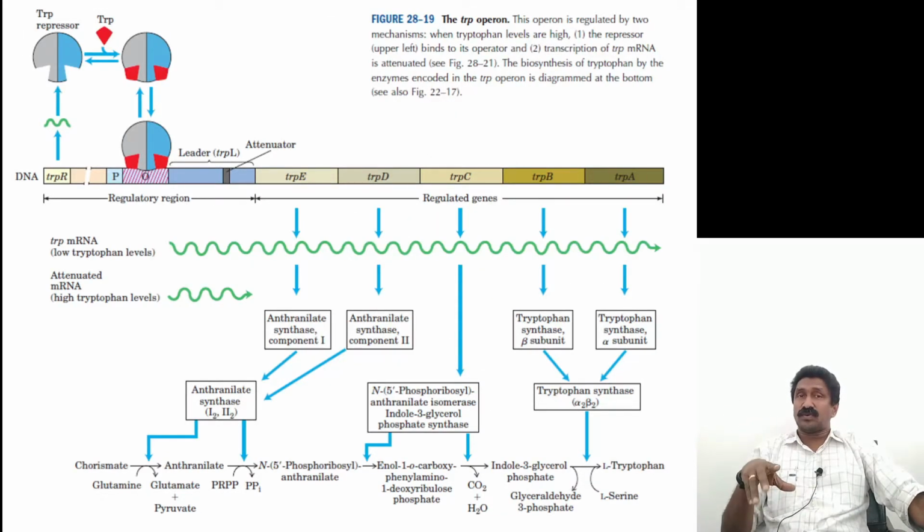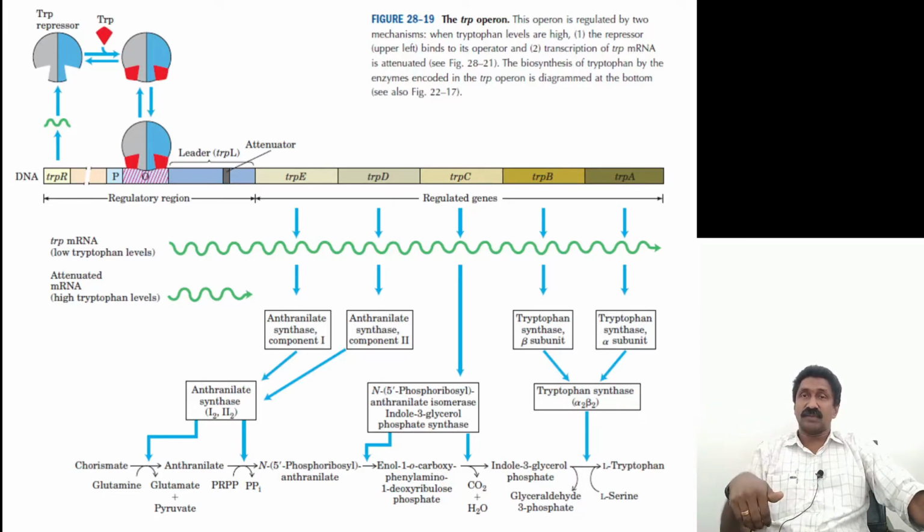So here is another one. This is the trp operon, which we will also discuss later. We have various control elements, and during the transcription process itself, the trp operon will regulate the production of the concerned mRNAs based on the availability or requirement of tryptophan in the medium. If tryptophan is present, biosynthesis is not required, so the operon will shut down.